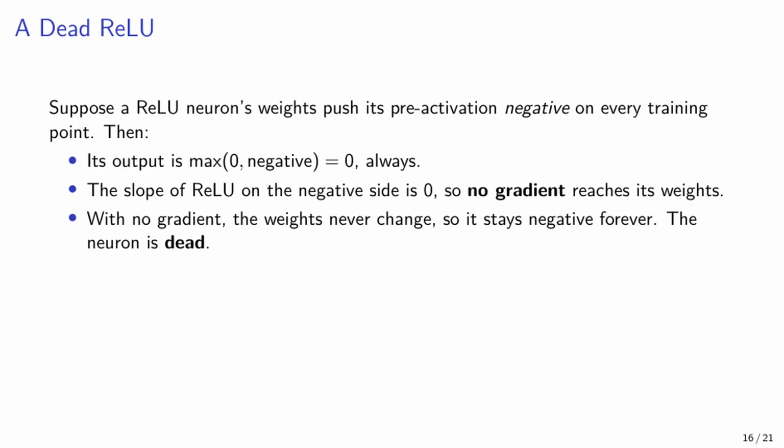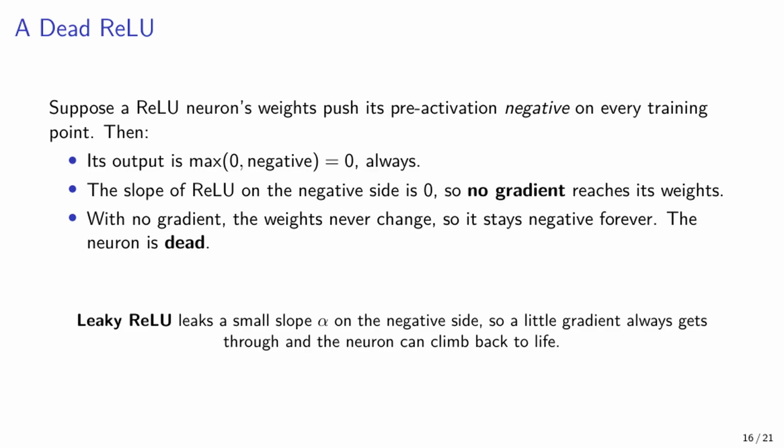And with no gradient, the weights never change, so the pre-activation stays negative forever. The neuron is dead. It will never contribute again. This is exactly what leaky ReLU prevents. By leaking a small slope on the negative side, a little gradient always gets through, and the neuron can climb back to life.